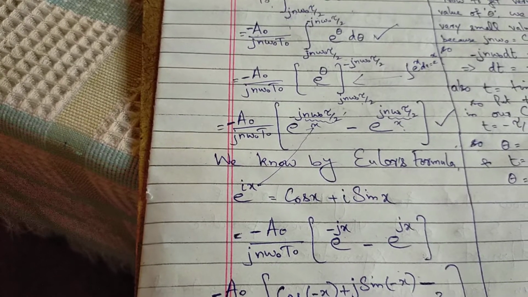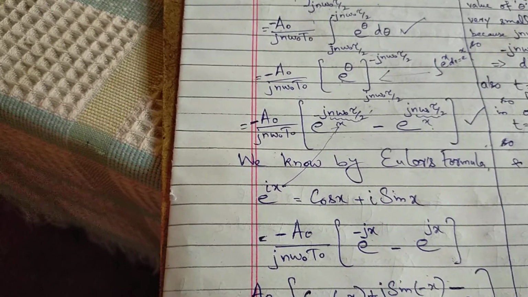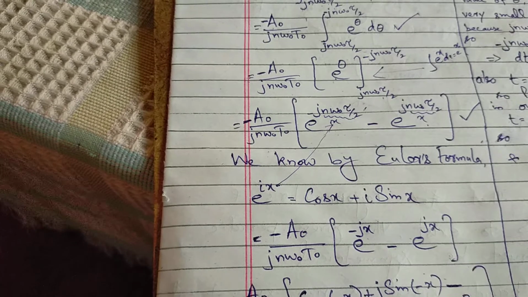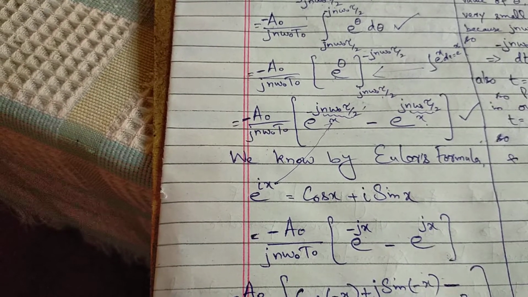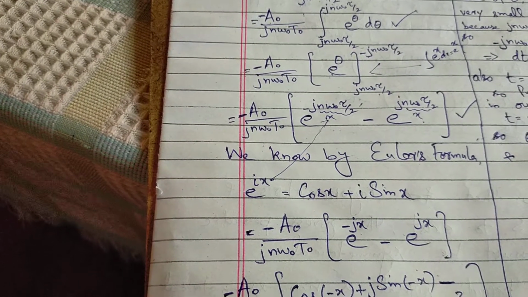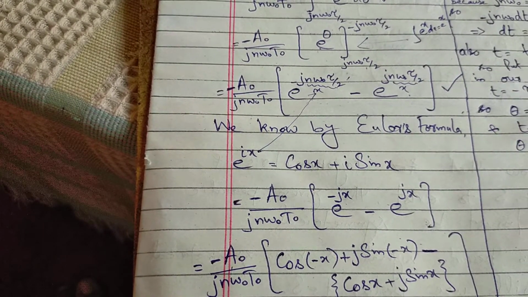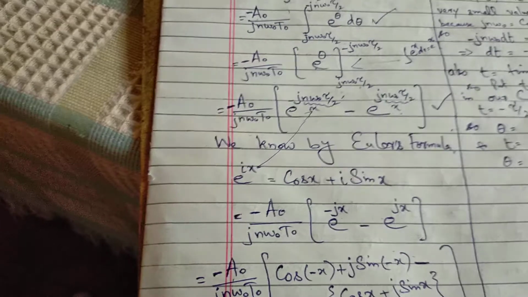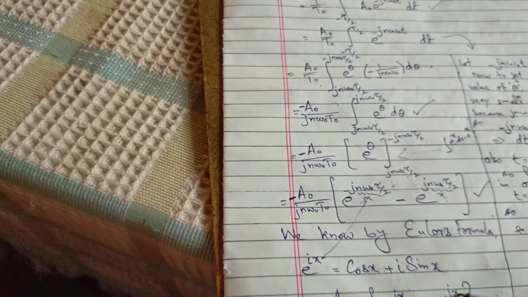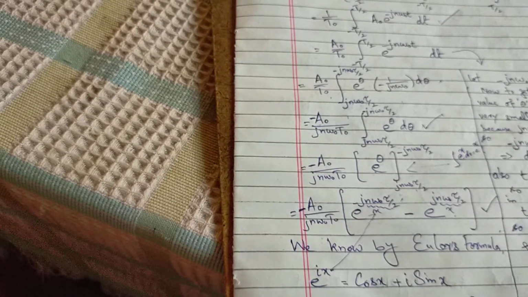We know by Euler's formula that e raised to the power j x is equal to cos x plus j sin x. By putting it in the above equation, we have e raised to the power minus jx and e raised to the power plus jx.